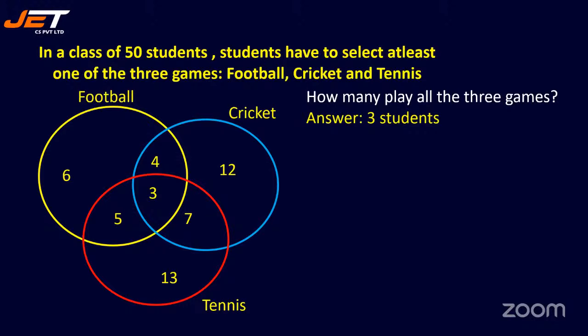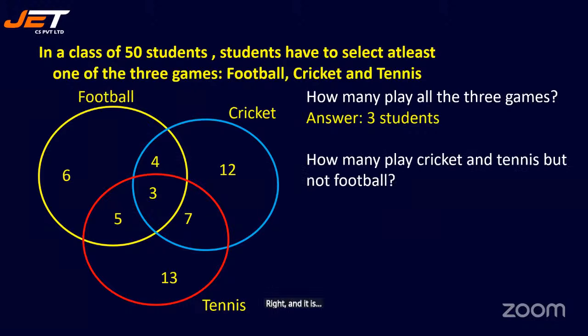Right. And it is 3 students. See the next question. How many play cricket and tennis, but not football? How many play cricket and tennis, but not football? You can take 30 seconds.